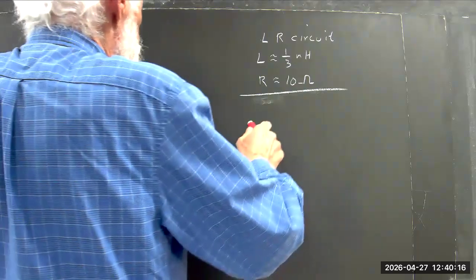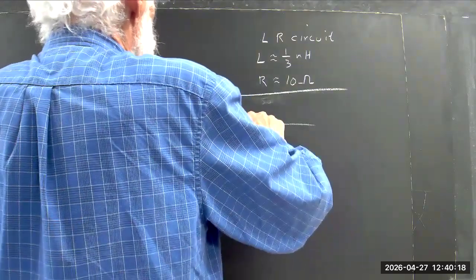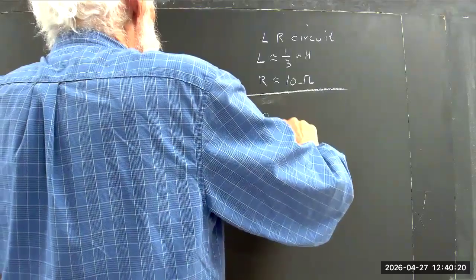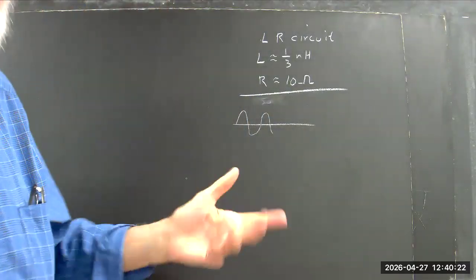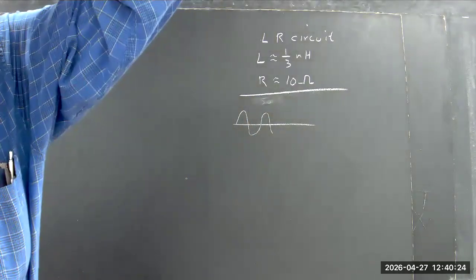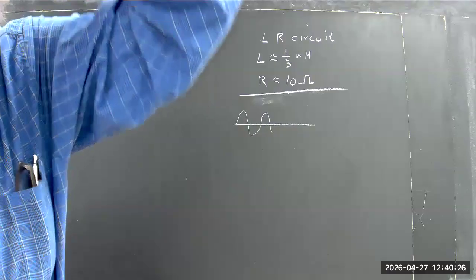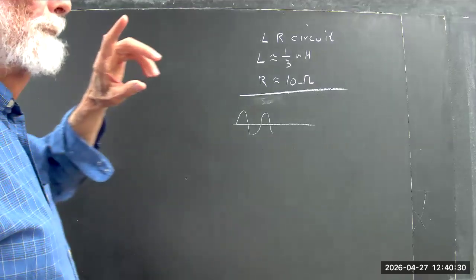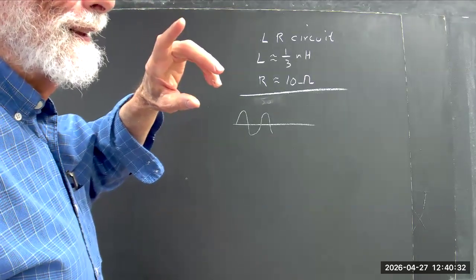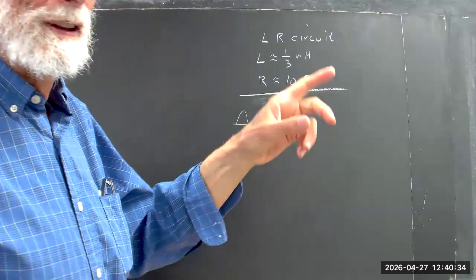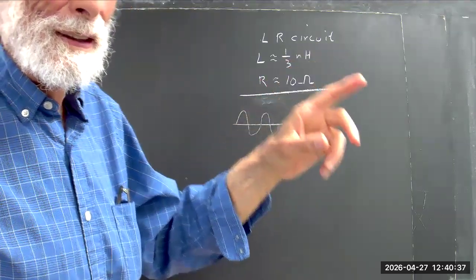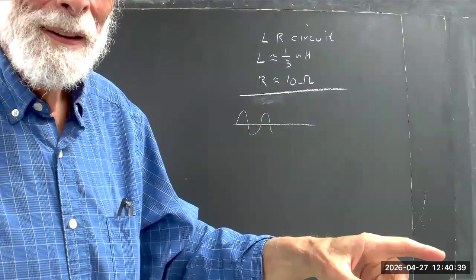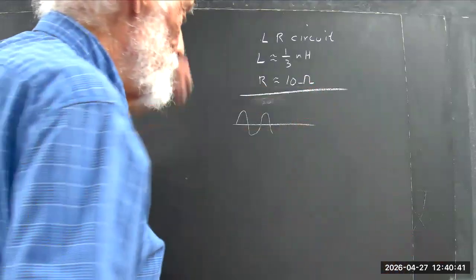Okay. Now, when we observed it, we had a graph that looks something like this. Actually, it was a square wave, but it doesn't really matter for what I'm saying. And we changed from like 0.2 of a hertz to 2 hertz driving voltage.